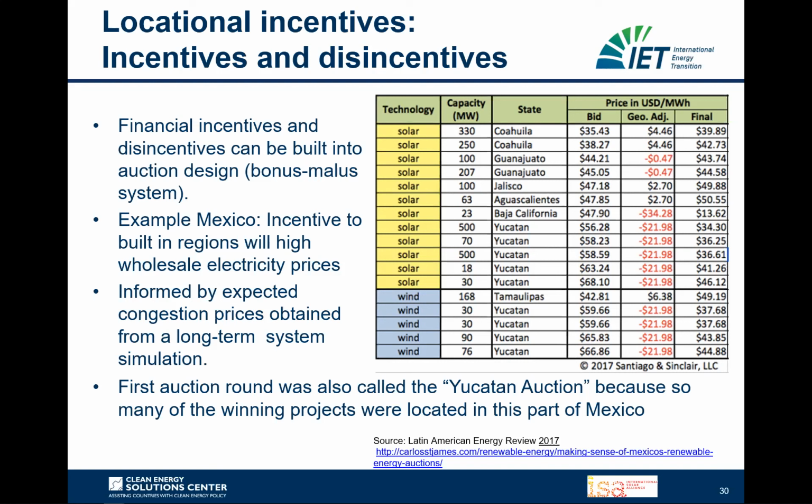So this is why this first auction in Mexico was normally termed the Yucatan auction, southern part of Mexico, where you had a lot of grid connections, because as you can see here from the graph, you actually got quite interesting bonuses in the second row from the right for building projects in these areas, and this then would really help you to win the project in the first place.